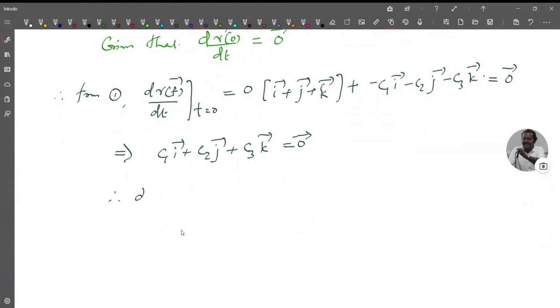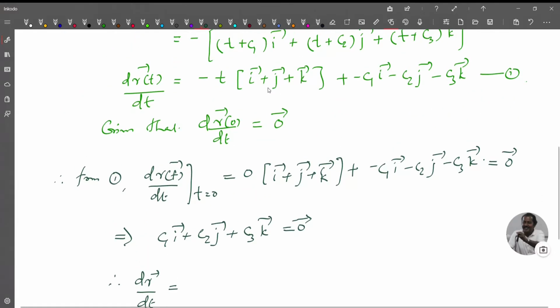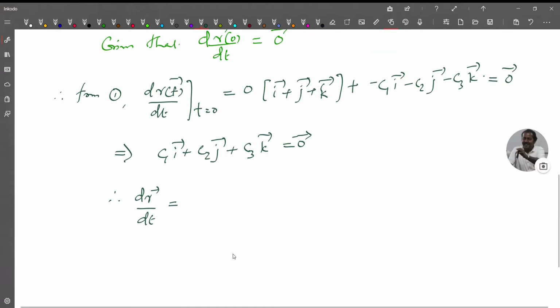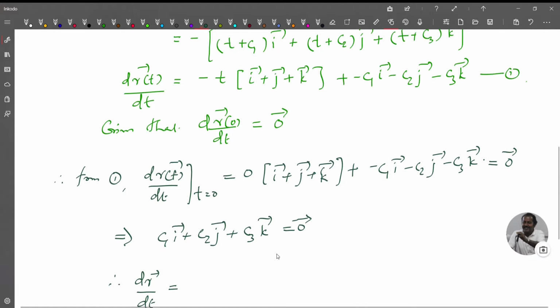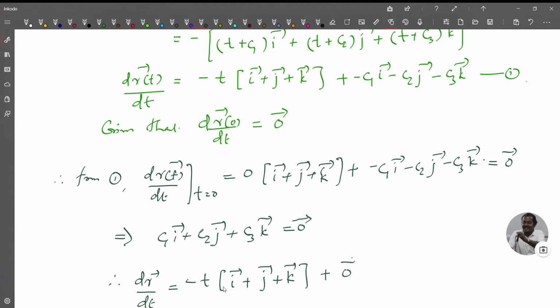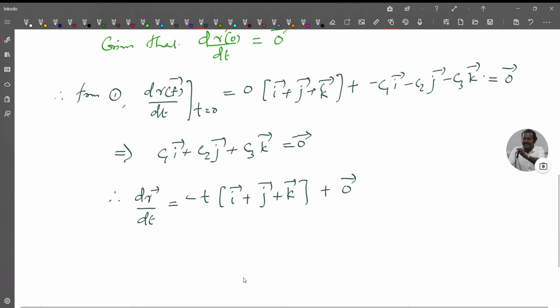Therefore dr by dt equal to minus t into, from 1 you will get, minus t into i plus j plus k plus vector 0. So that is equal to minus ti minus tj minus tk.